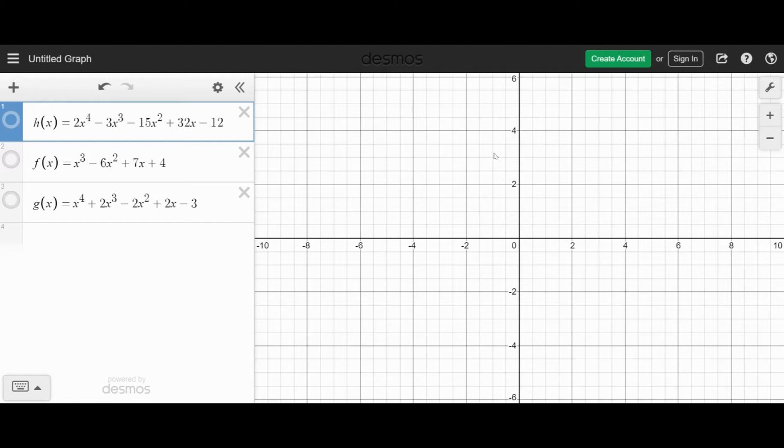Keep in mind that this is not the process as it has always been. Of course, we've not always had computers and tools like Desmos to help us. And to the extent that we did not have tools like Desmos and graphing calculators to assist that work, we have things like Descartes' rule of signs and the rational zeros theorem.